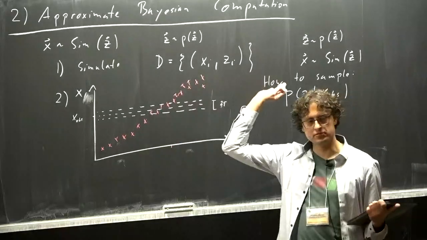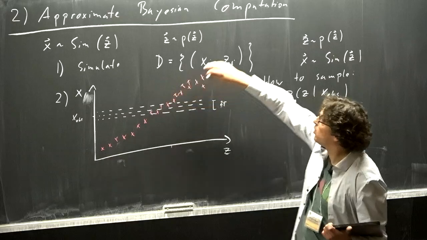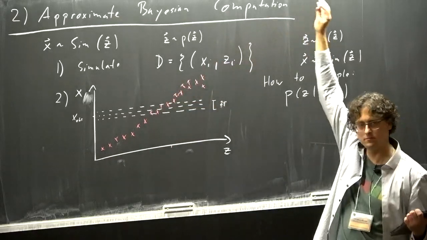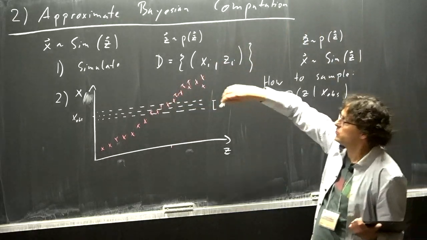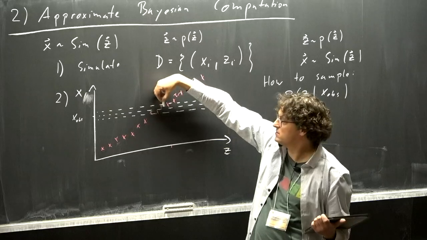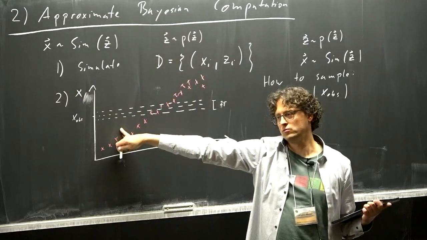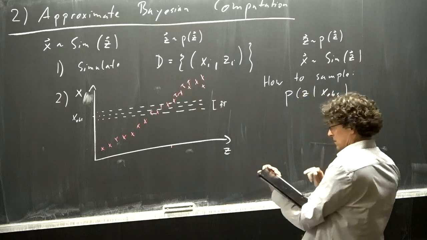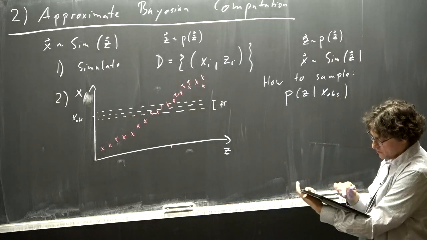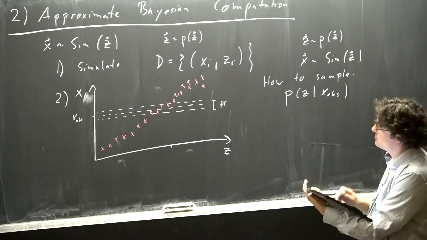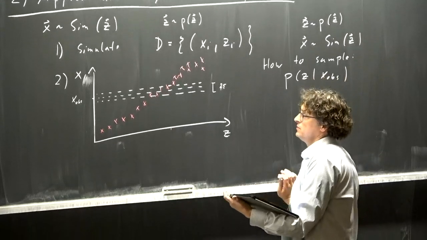And you disregard the rest. So from all the simulations that you might have run, let's say 1 million, you keep only the 10,000 or the thousands that happen to lead to an observation that is very close to what you observed, okay? And then you take those samples and put them in a new histogram.